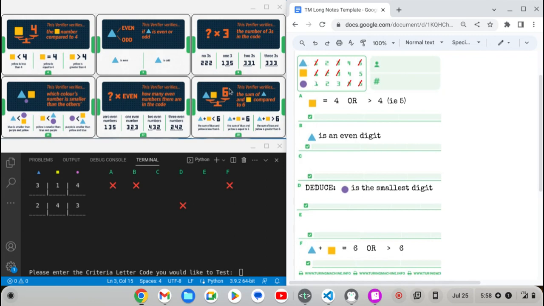Let's see. Can we say that if there are no 3s? Yeah, I think at least we can say we can cross out no 3s. Well, no, that's not true. I was trying to see if I can make a connection between the number of 3s and even.